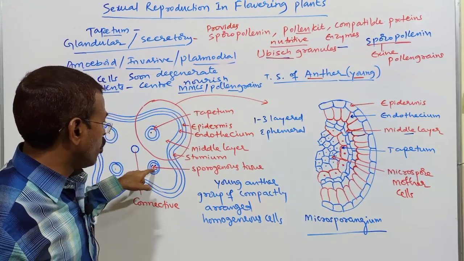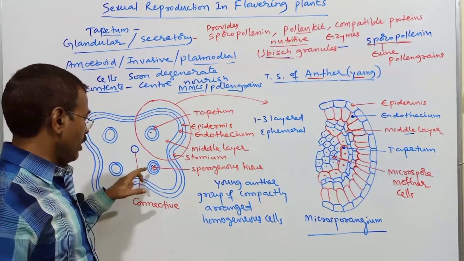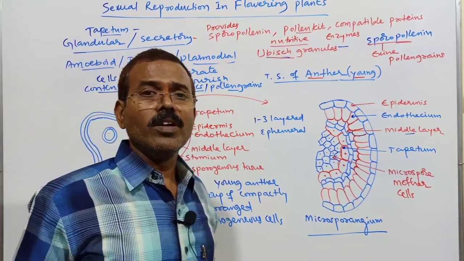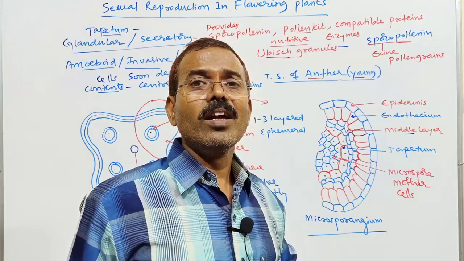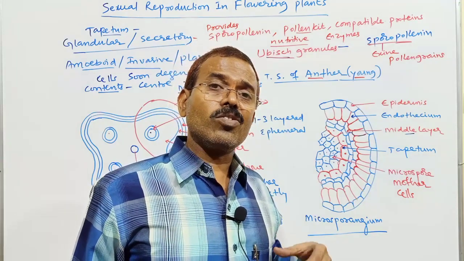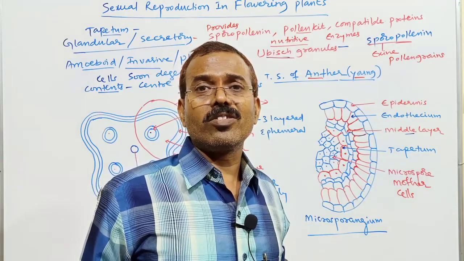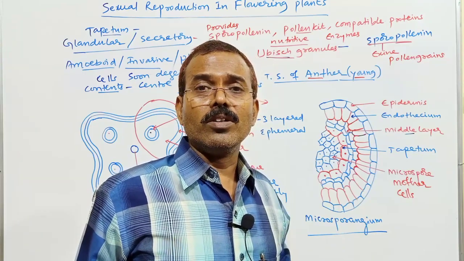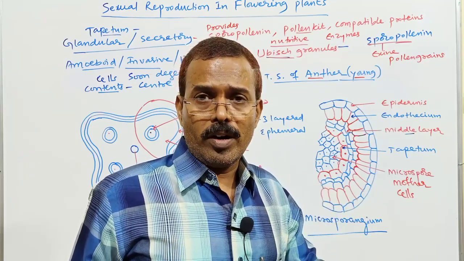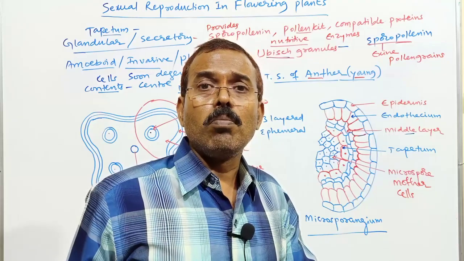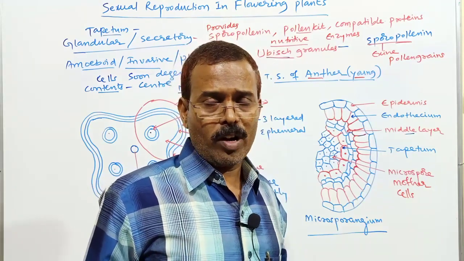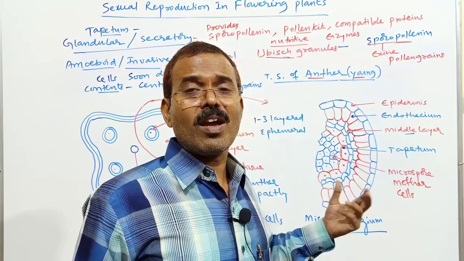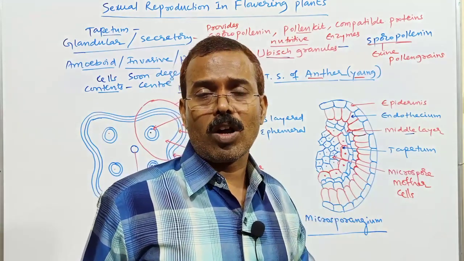The sporogenous tissue in the center of the microsporangium is capable of undergoing cell division. Each cell of the sporogenous tissue is capable of giving rise to a pollen tetrad or microspore tetrad. You will come to know the meaning of that. It is capable of producing microspores or pollen grains.